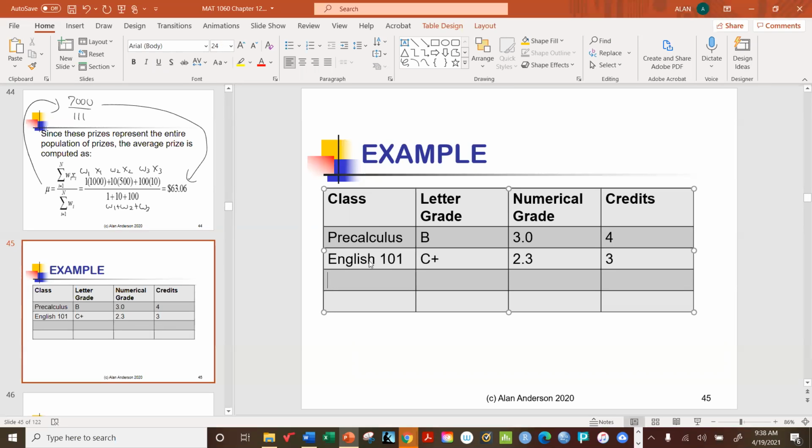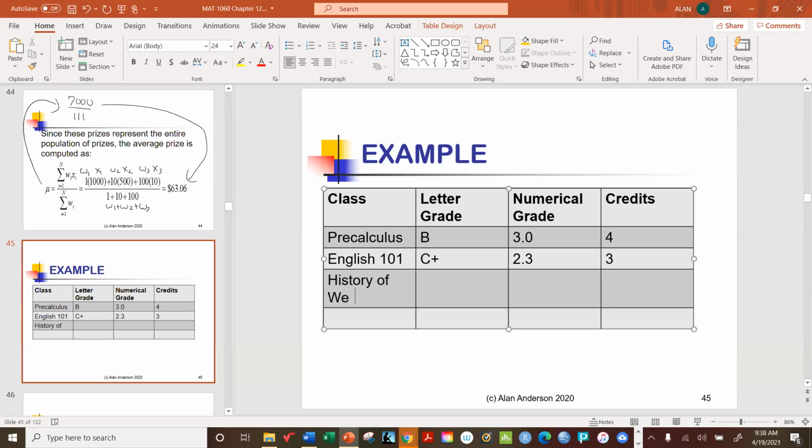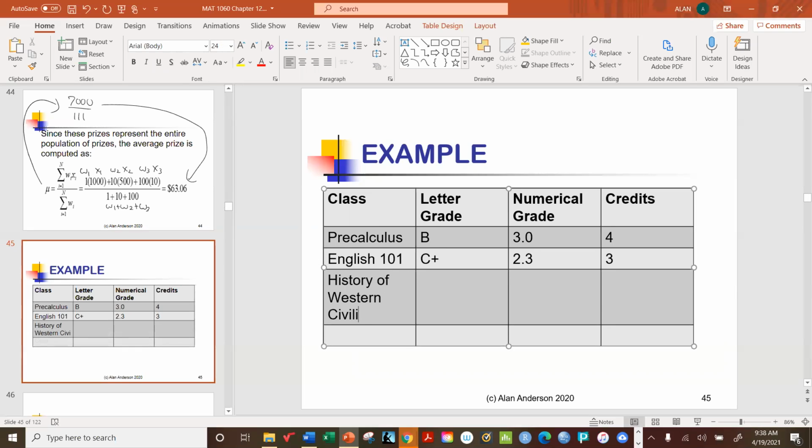How about this one, the history of Western civilization: the student gets an A minus, which is 3.7, 3 credits. And then they take physics: they get an A, that's a 4.0, and that's a 4-credit class. Now the question is, what is this student's GPA?